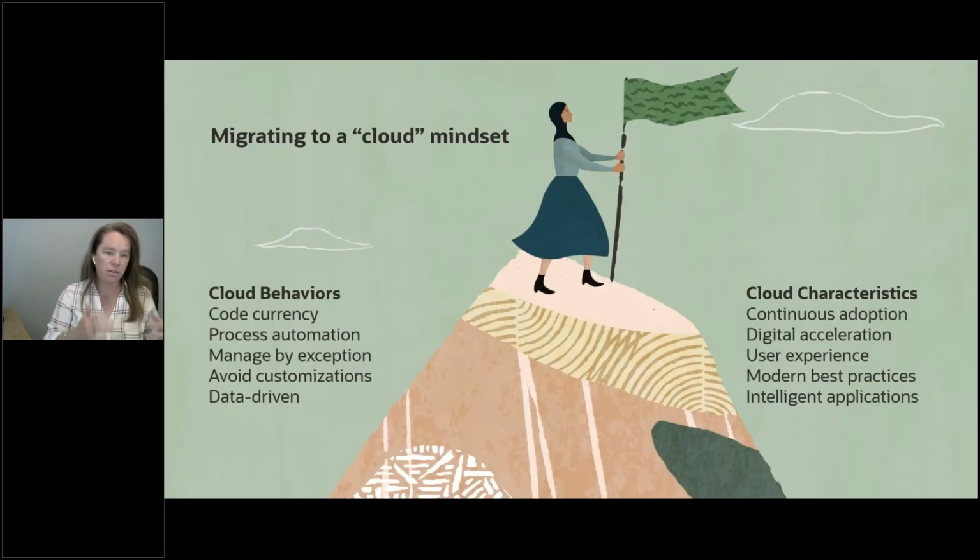There's a set of cloud behaviors, a set of cloud characteristics. Some of these behaviors include keeping code current, enabling process automation, managing by exception through a user experience, avoiding customizations, eliminating customizations, and being more data-driven.